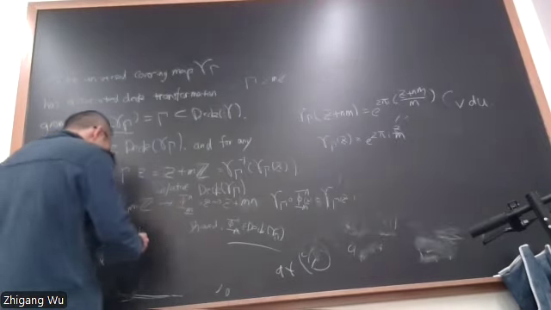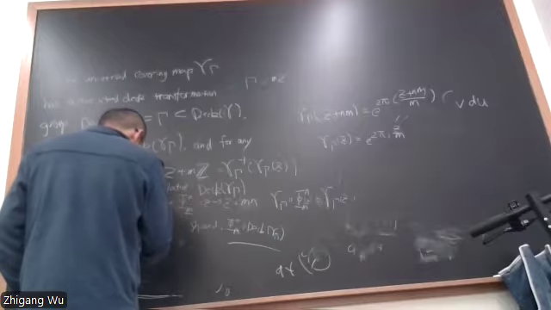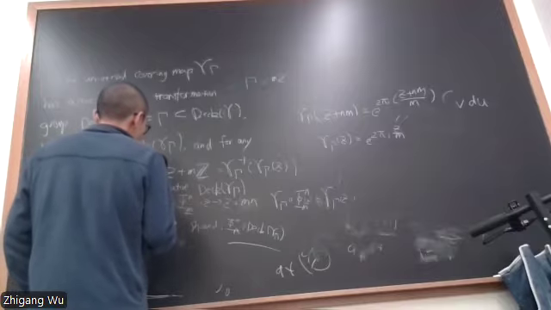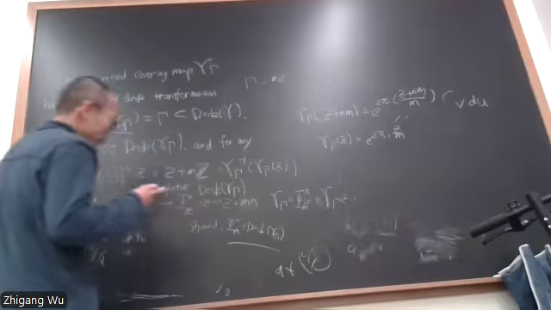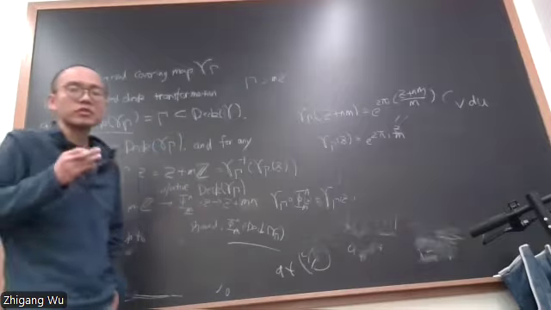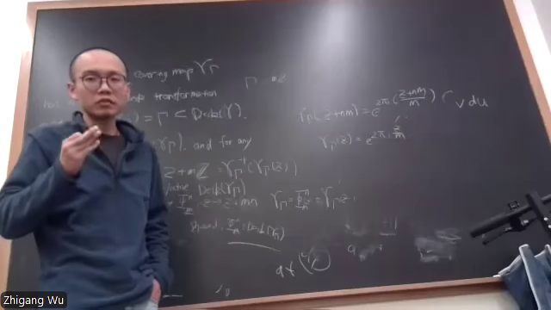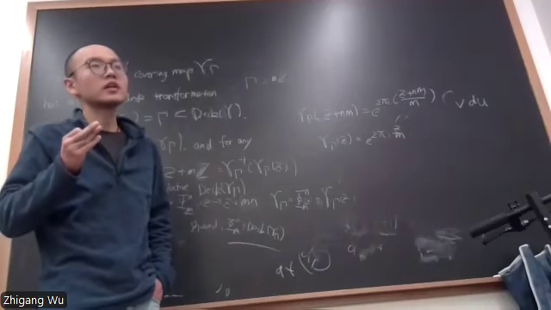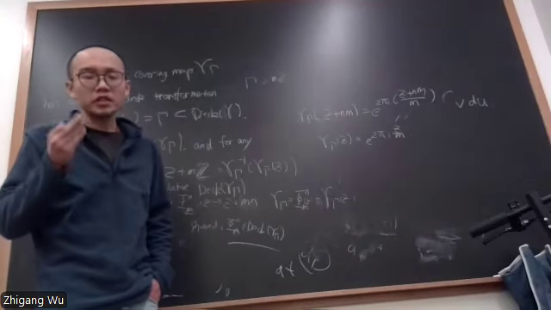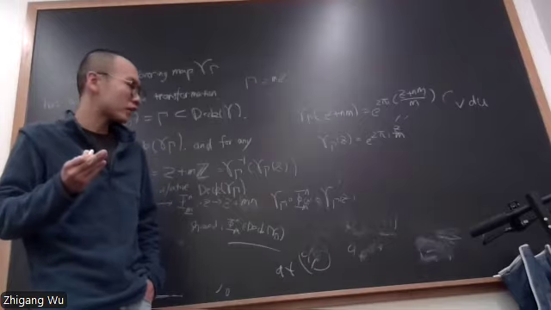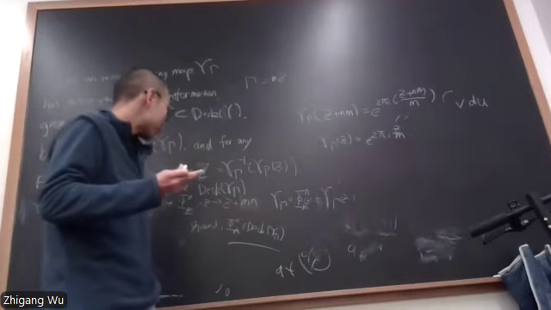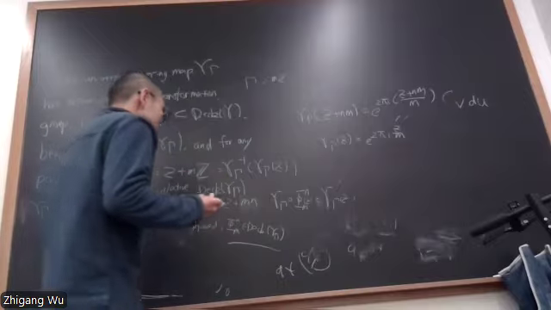Remember, what do you want to show? I want to use the corresponding argument about the deck transformation group and the correspondence between the deck transformation group and the pi one, right? So what is the pi one that I want to use?